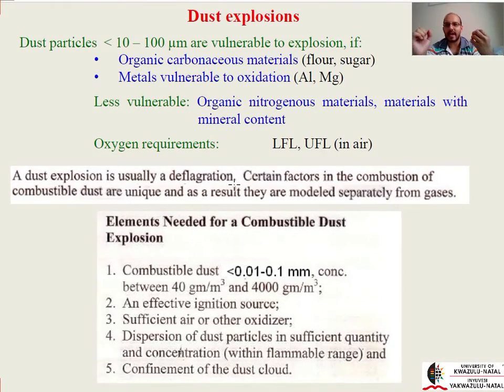So let's say we have all of our dust particles in the air and you have an ignition source. You light that ignition source, and the particles that are very near it are the first to catch fire. But thereafter, how does it propagate? The heat from the combustion of those surrounding particles heats up more surrounding particles, and those particles catch fire, and so on and so on.